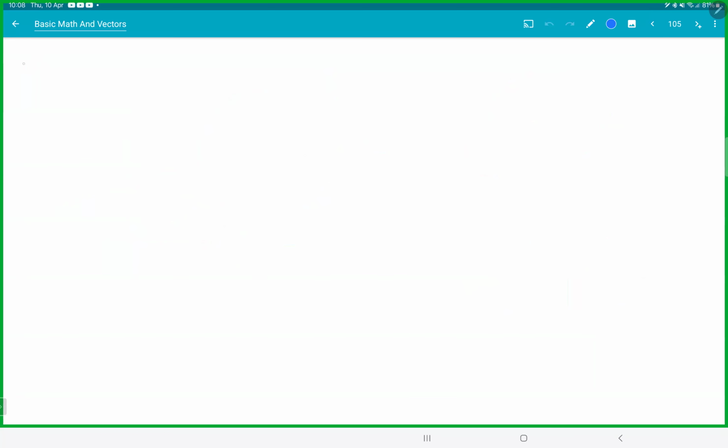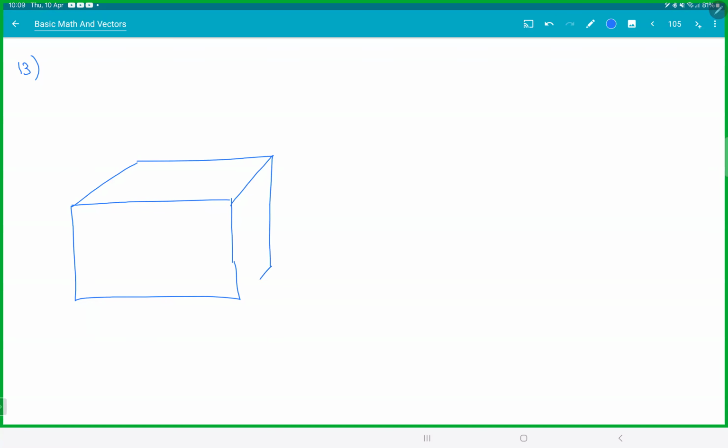Let's see something a little different. Let's say I have a box, and here we have a wall. We are going to tie this with 4 strings like this.